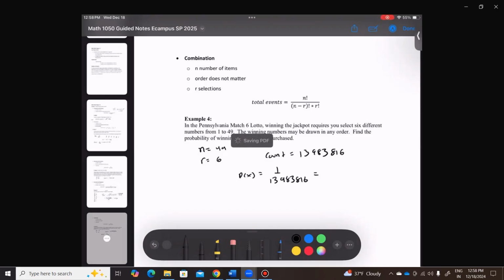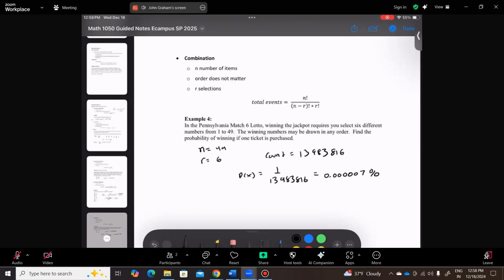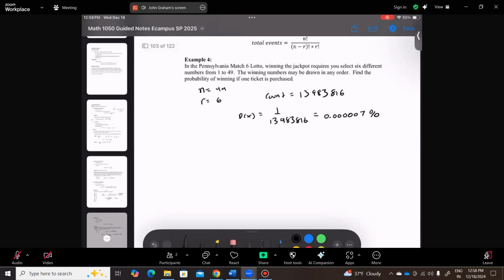A lot of zeros here. That's the percent, 0.000007%.